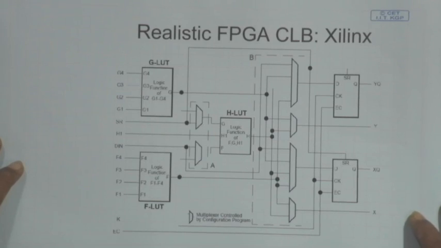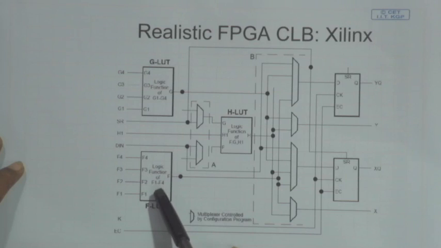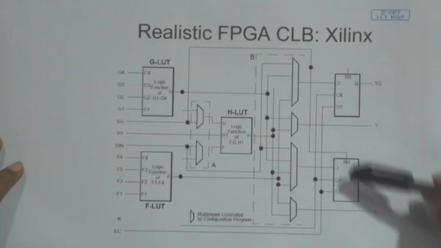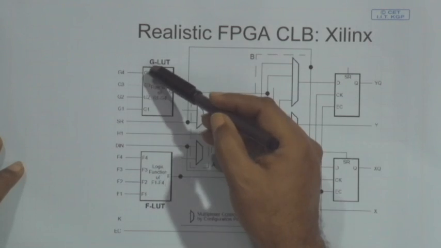Okay. Now, this FPGA or CLB that we are showing was rather simplistic, but it is easier to understand, we need not unnecessarily complicate it. Here you can see a relatively realistic FPGA CLB, again from Xilinx. You have got 3 logic units, and then a bunch of multiplexers and 2 D flip flops, and each of them has 4 inputs.